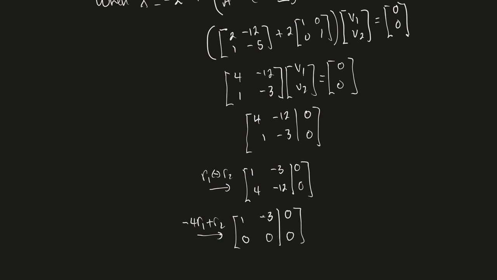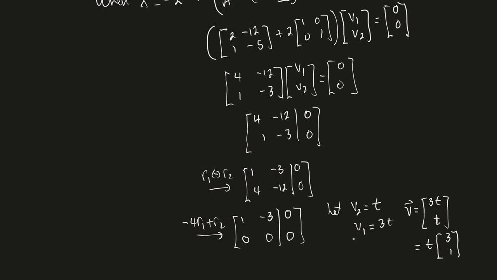So v2, in this case, is our free variable, so let v2 be equal to t, and that means v1 is 3t when I move it over. So that means the eigenvector in this case is of the form 3t and t, and then I can factor out the t and get 3, 1, right?